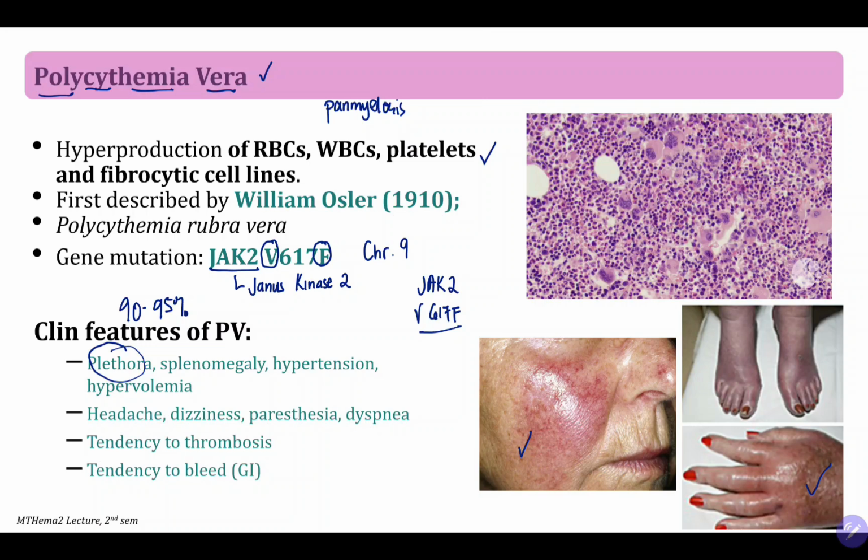Now, these increased cell mass results in the hyperviscosity of the blood, which increases your splenic overload or workload kasi ang daming cells na turn over because of the proliferation, which now leads to your splenomegaly and hypervolemia. Now, common symptoms may also include headache, dizziness, paresthesia, and dyspnea, while more serious complication may be involved in your thrombosis and bleeding due to the altered hemodynamics and your platelet dysfunction.